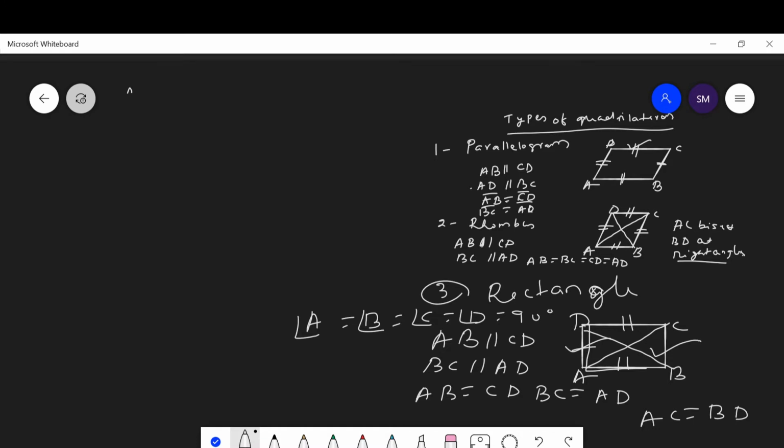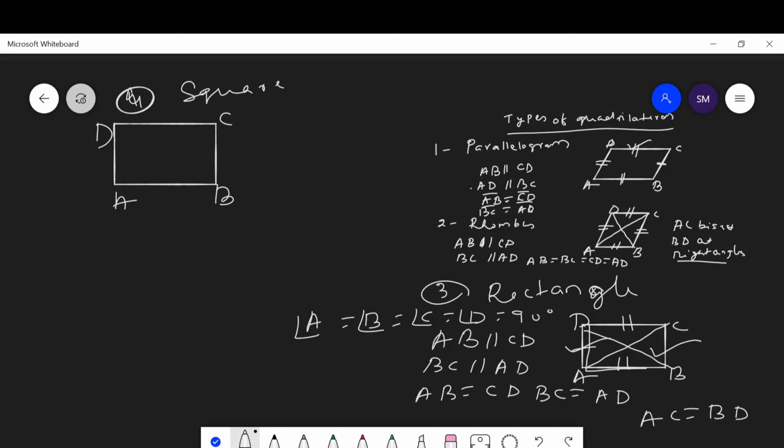Then the fourth type of quadrilateral is the square. A square is also a type of rectangle whose all four sides are equal. The basic difference between a parallelogram and a rhombus is the same as the basic difference between a square and a rectangle.